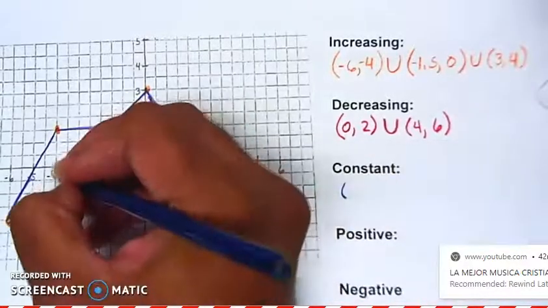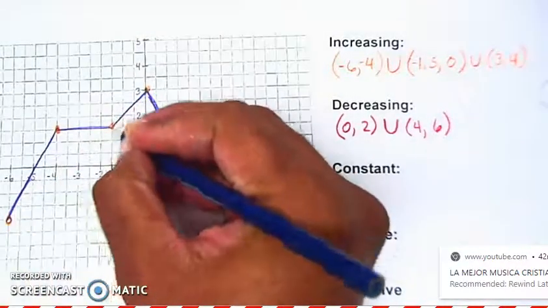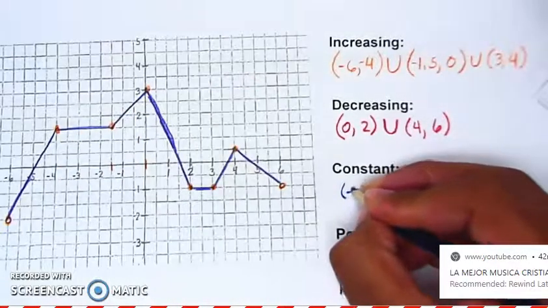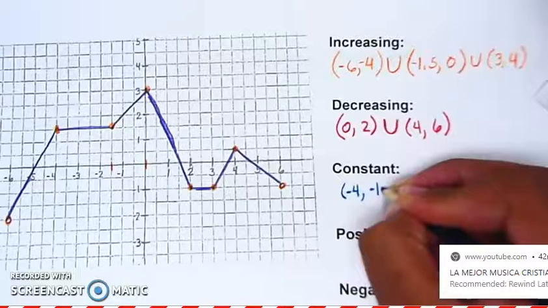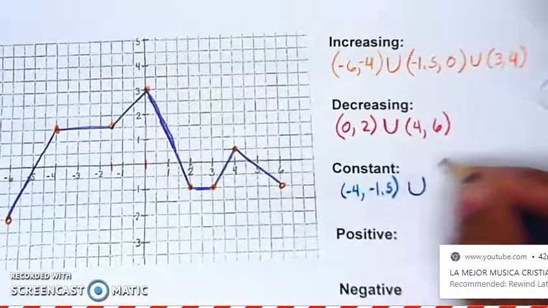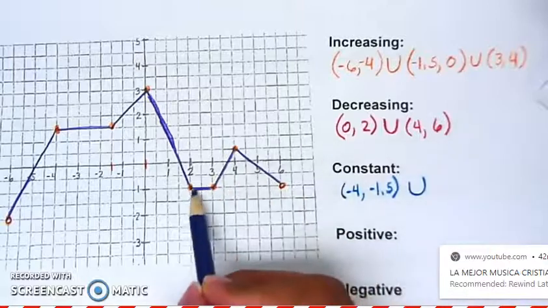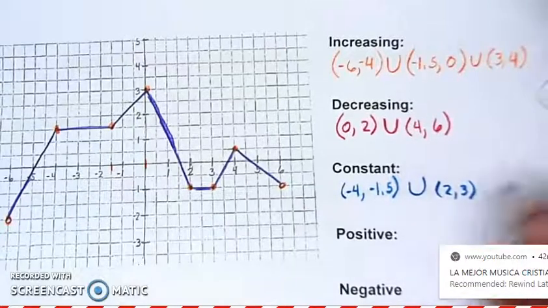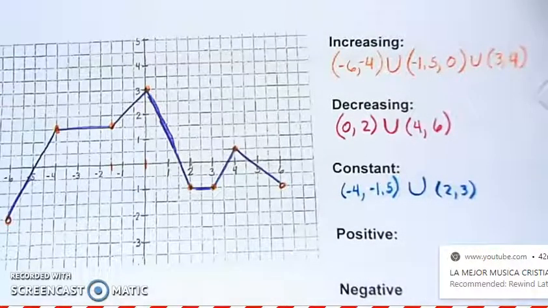So from -4 right here to -1.5 is where it is constant. And then there's another place of constancy right here from 2 to 3. So we go from 2 to 3. It's another place of constancy. That's the constant.